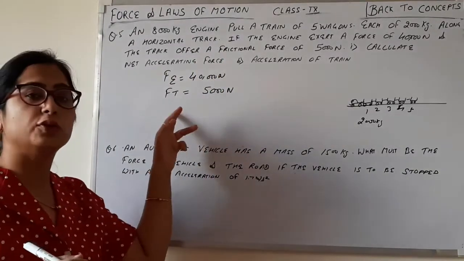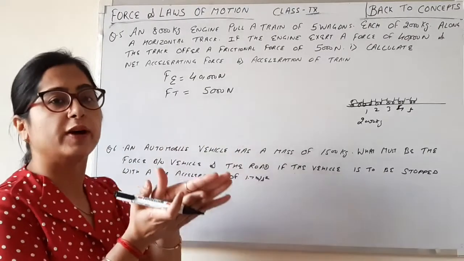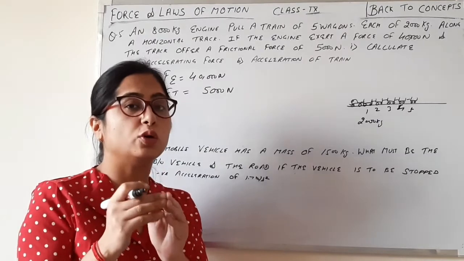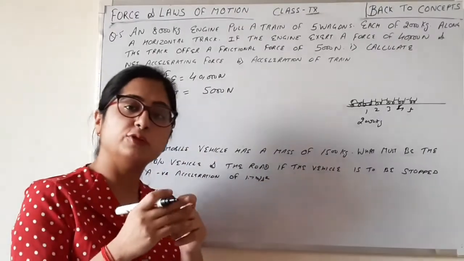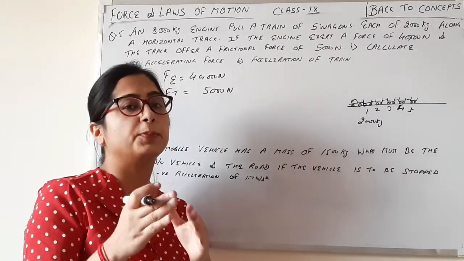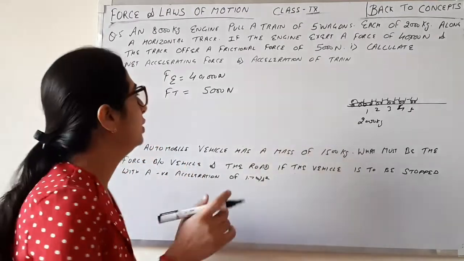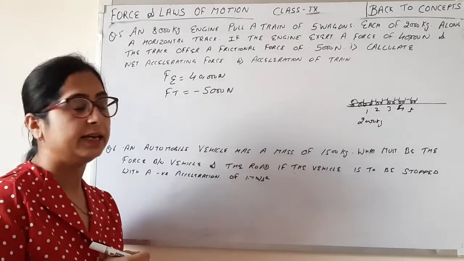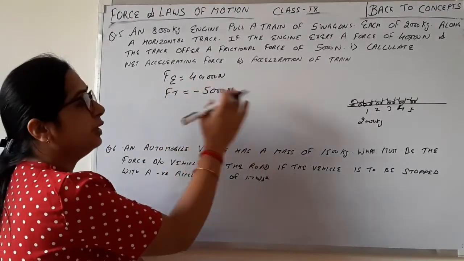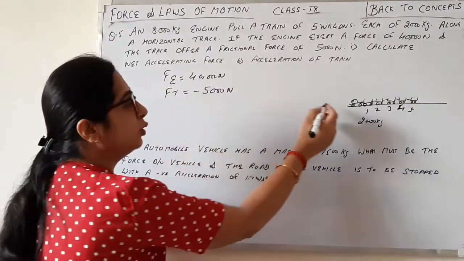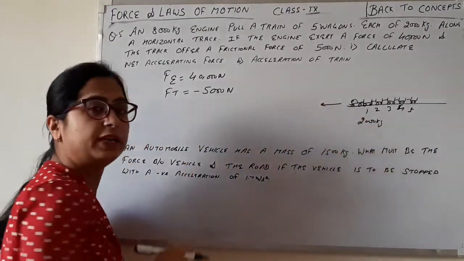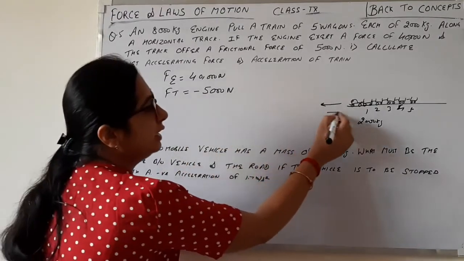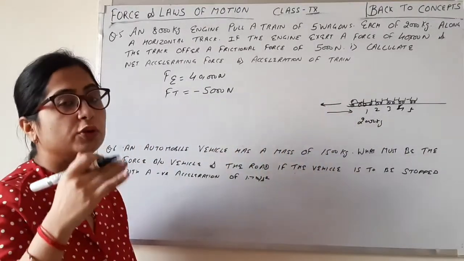So first of all, the track always provides the force of friction in the negative direction because the frictional force will always oppose the direction of motion. So here the force of the track must be negative and the force of the engine must be positive, because the engine is moving in the forward direction and the track applies this frictional force in this direction to oppose the motion.